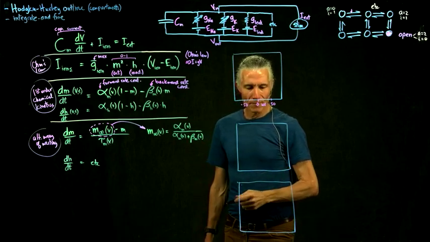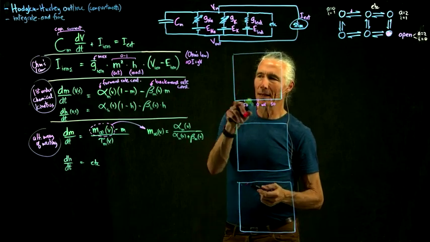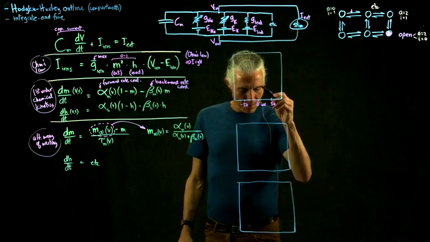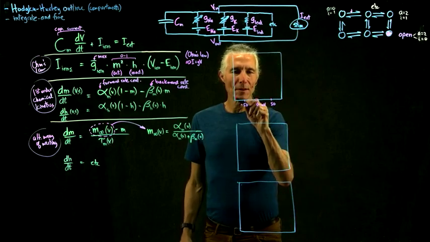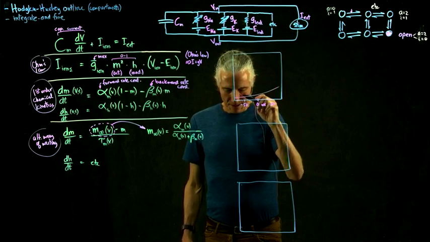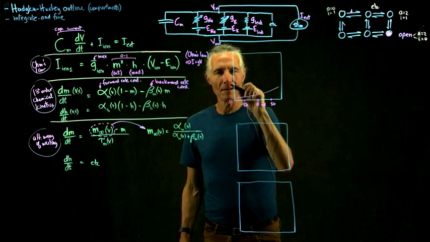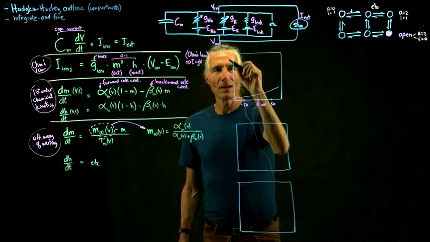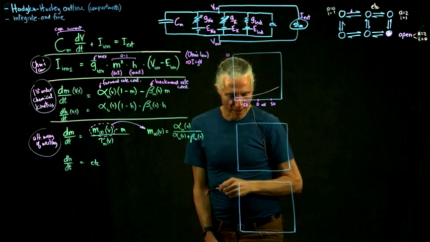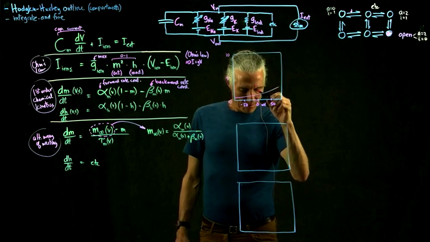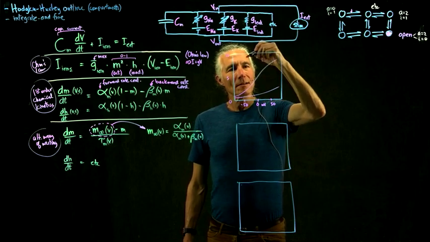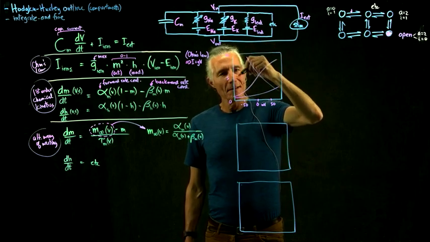By doing voltage clamp experiments, setting the voltage to all different values, we can come up with these curves. Here's the overall value of that alpha, and we end up with a series of curves like this.